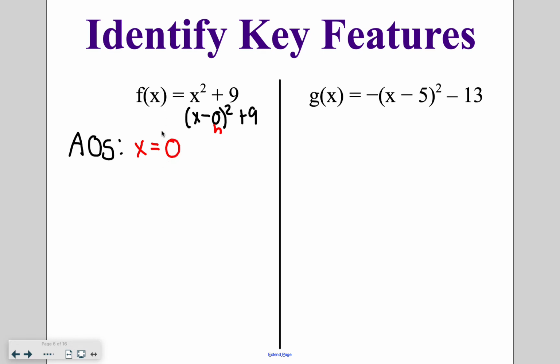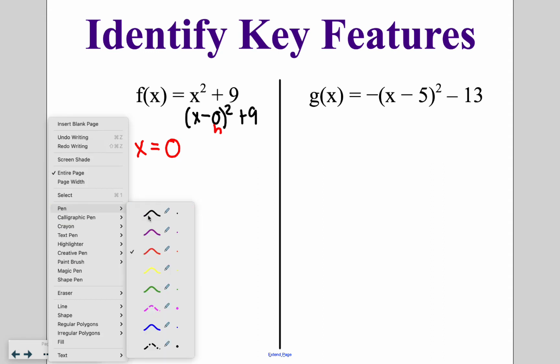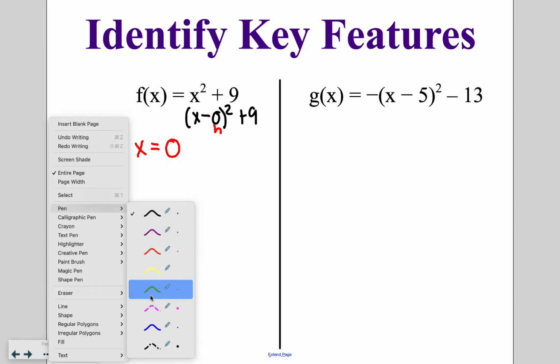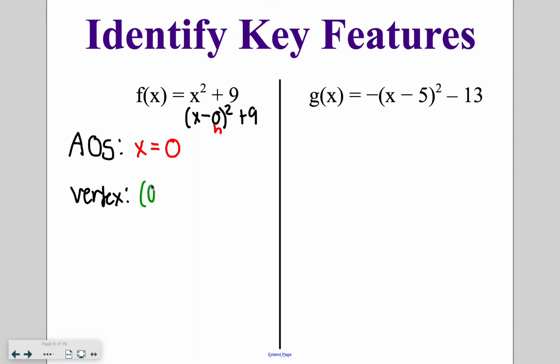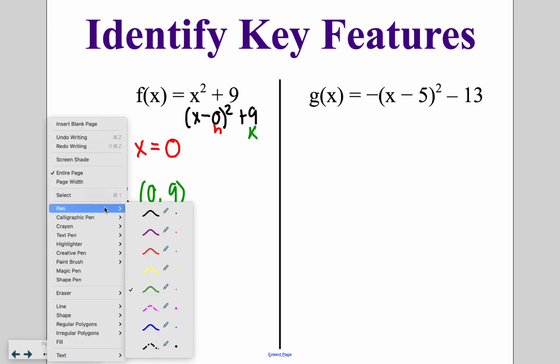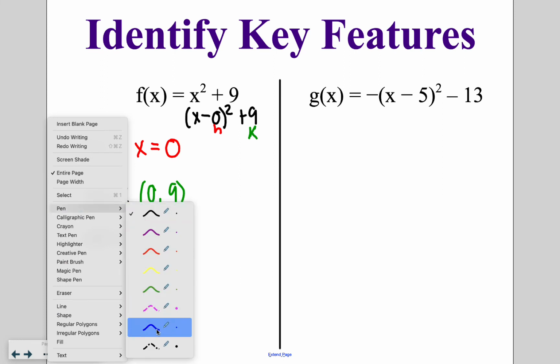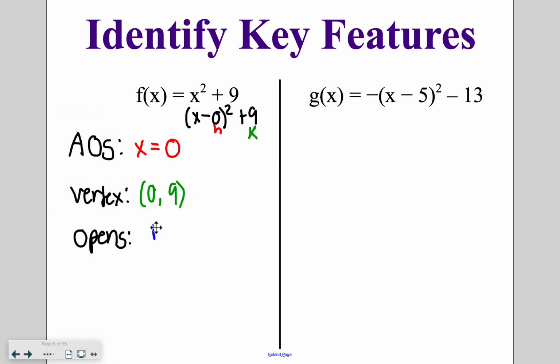So the vertical line is where the x coordinates are at 0. Your vertex, or that highest or lowest point on the graph, in this case is going to be (0, 9), your h, your k value. And then we have to decide what direction that it opens. And because this is a positive x squared, that is going to tell us that it opens up.